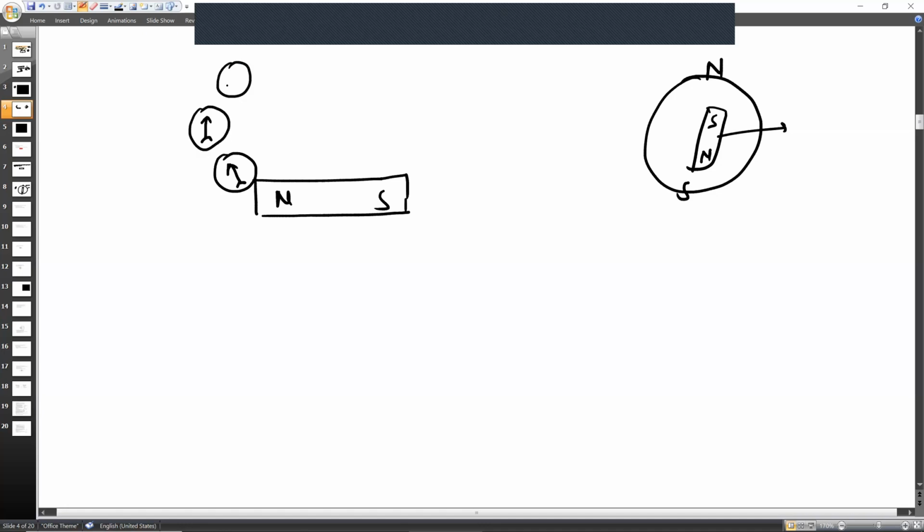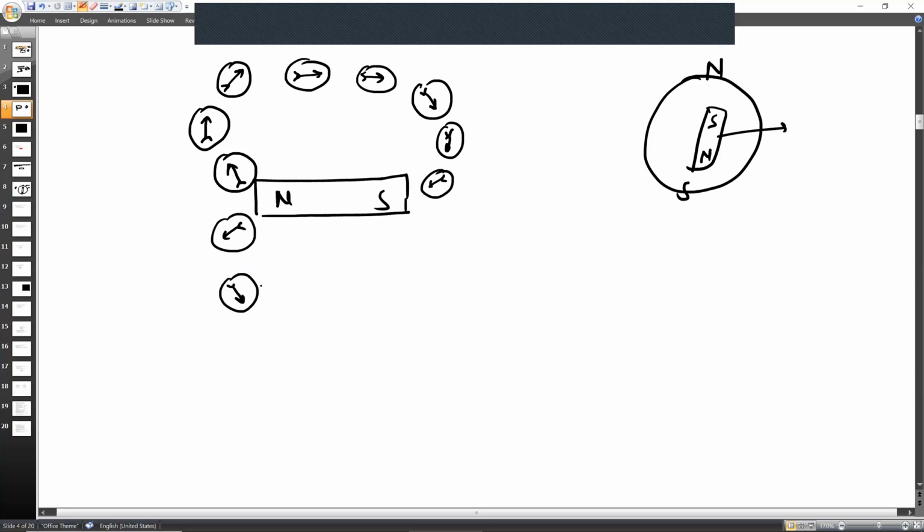When we keep a magnetic needle here, it deflects like this. When we keep putting the magnetic needle around the magnet, we find that these needles start pointing like this.